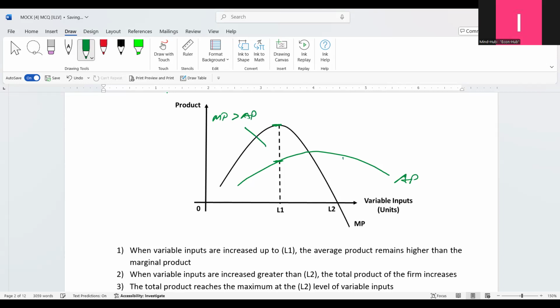In this range, the average product is greater than marginal product. We know these things, no? So average product remains higher than, no, that's wrong.